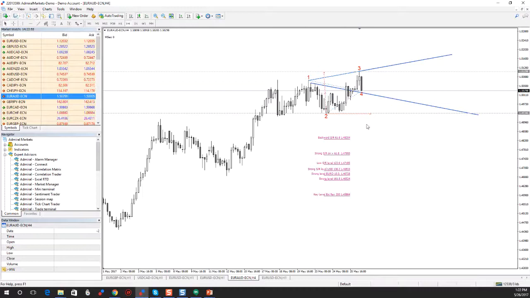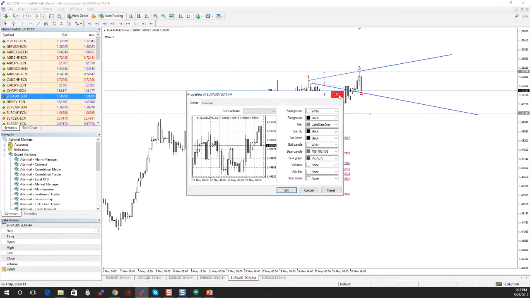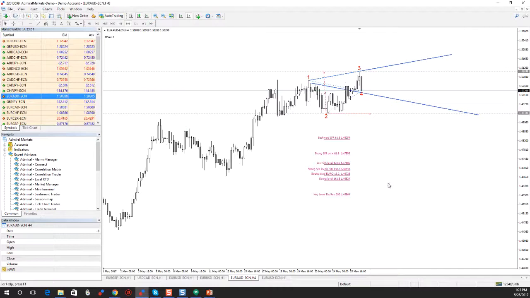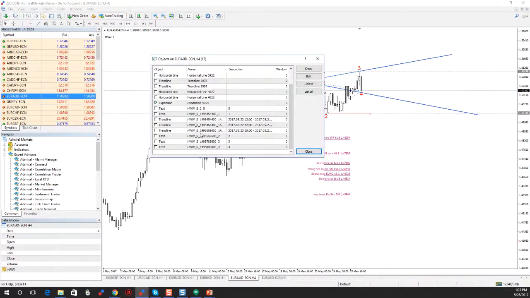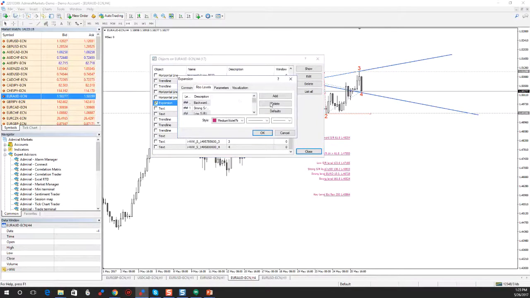In order to add 50, I will show you now, you need to go to the objects list. Okay, you go to the objects list here, and then you click Fibonacci expansion. You will usually see it here like this, Fibonacci expansion. And this is very easy for you. Now you just click add here.